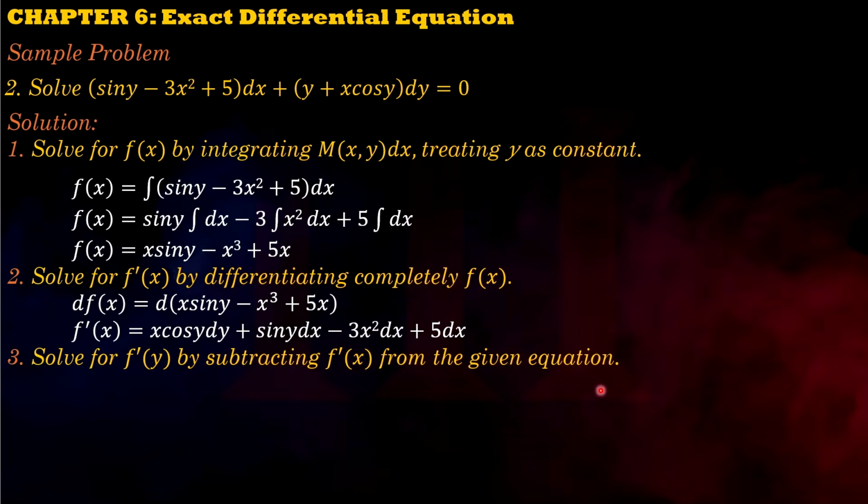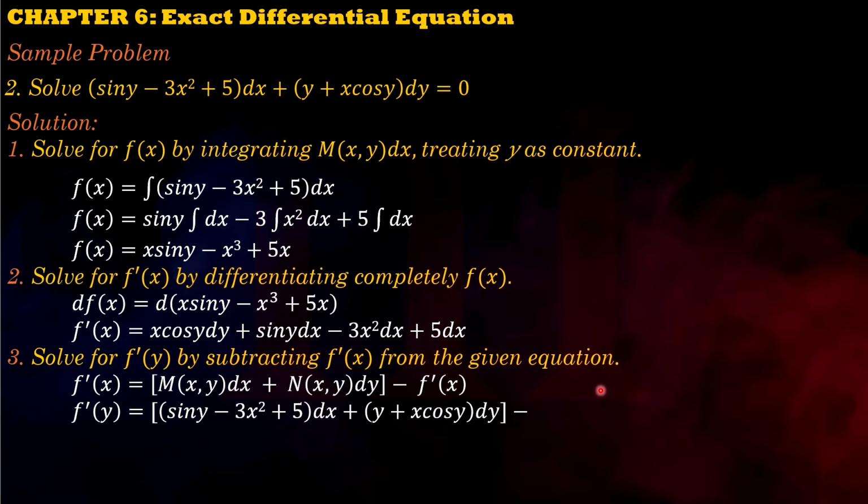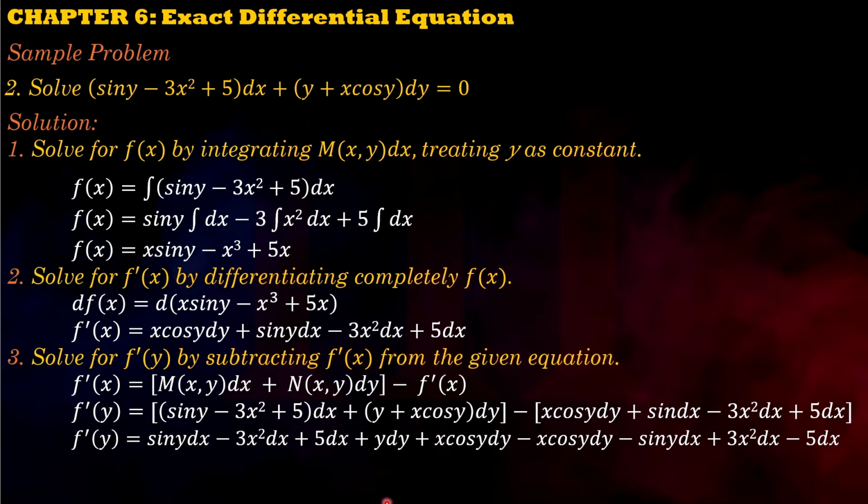So step number 3, solve for f prime of y by subtracting f prime of x from the given differential equation. Copy the original differential equation and then subtract f prime of x. So let's distribute dx and also dy. So we will come up with sin y dx minus 3x squared dx plus 5 dx, then minus the terms of f prime of x.